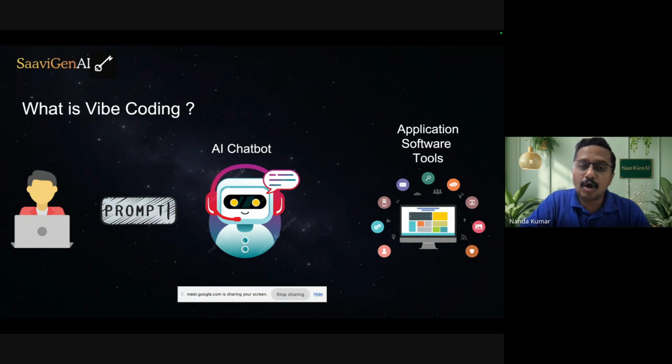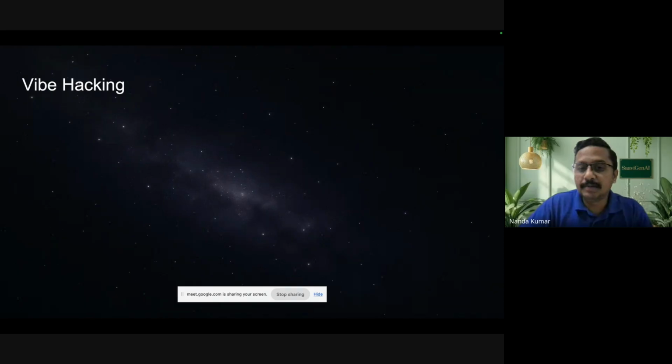You write a prompt and send it to the chatbot, and the chatbot will nicely build an application. If you go and try Perplexity, it will give you very nice results, not just web applications. It will be able to build a website also, or any other web app or tool.